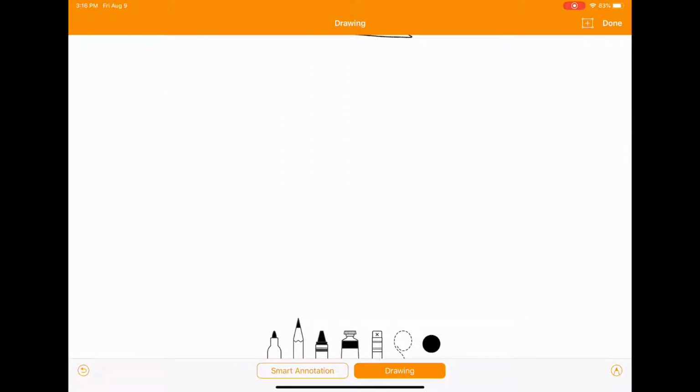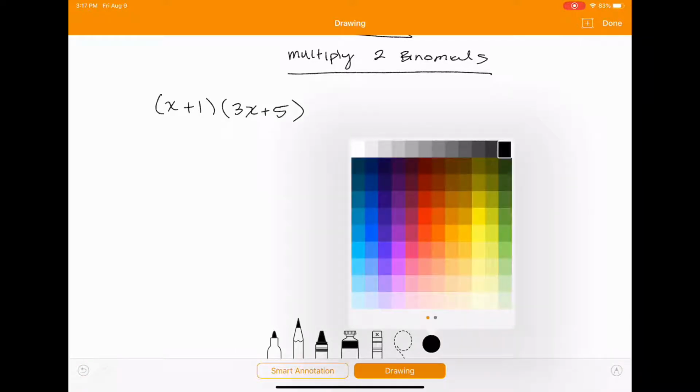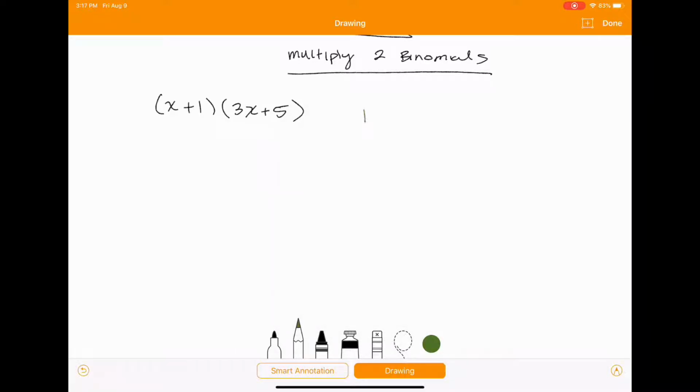And then finally, the last thing we're going to learn is multiplying two binomials. So if you had x plus 1 and 3x plus 5, and you want to multiply those together, you're going to do this thing called FOIL.